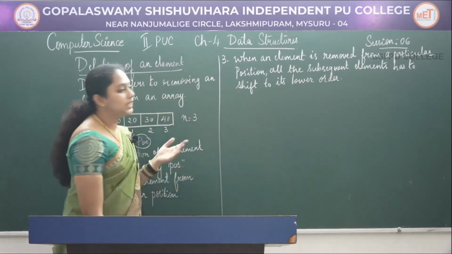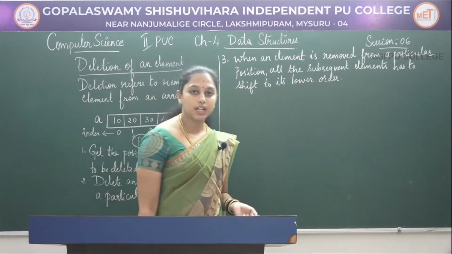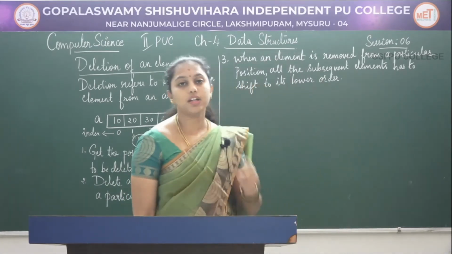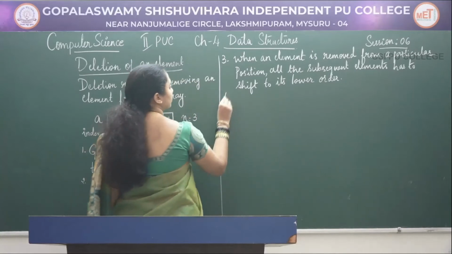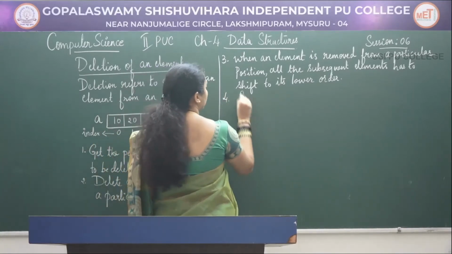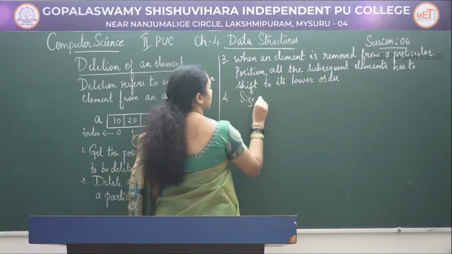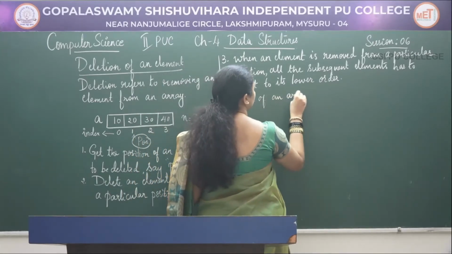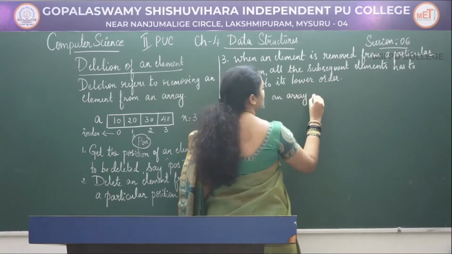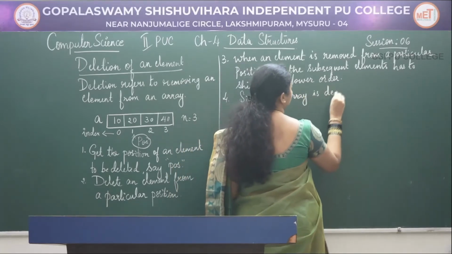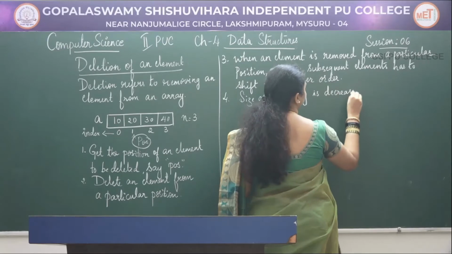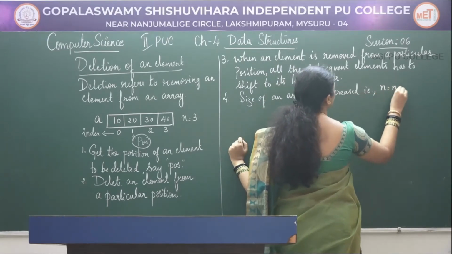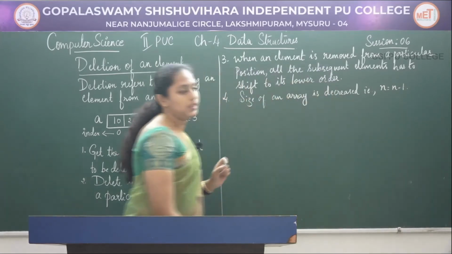So after deleting an element from an array, the size of the array is decreased by one. That is n is equal to n minus 1.